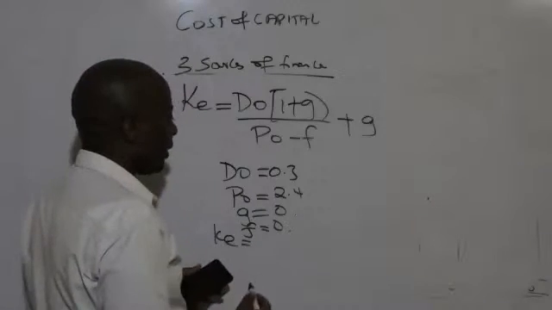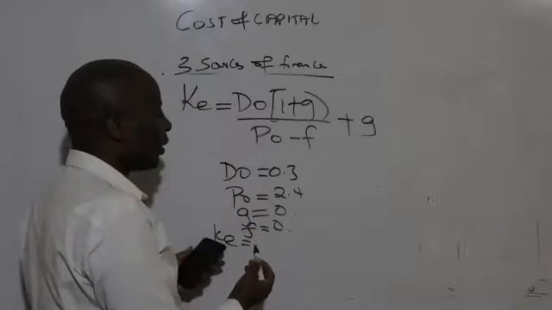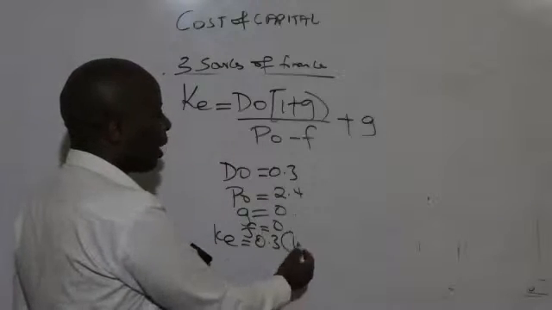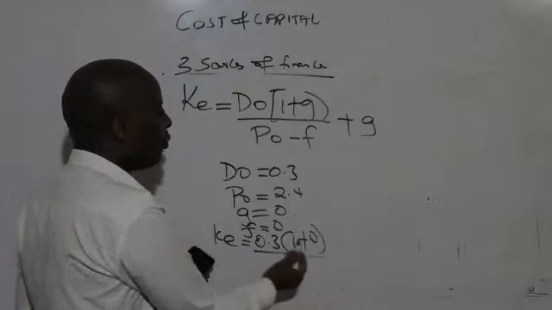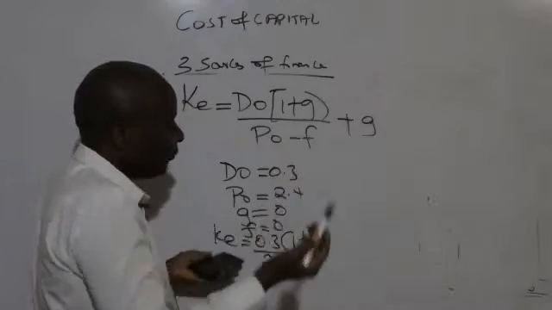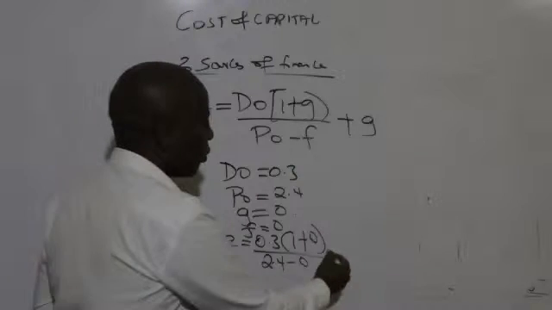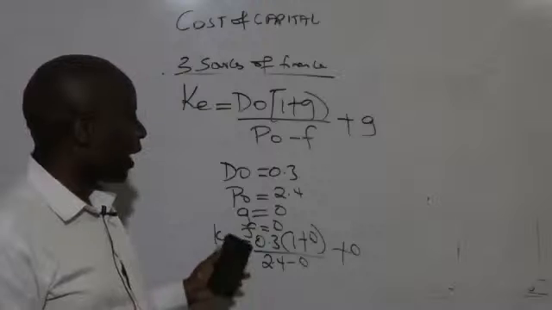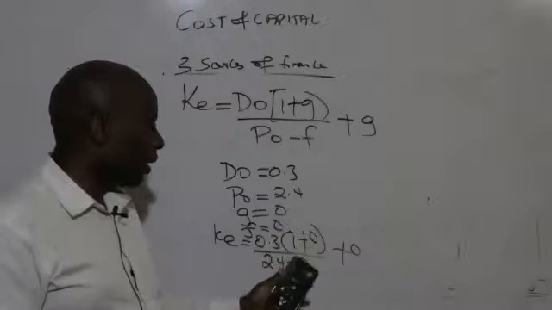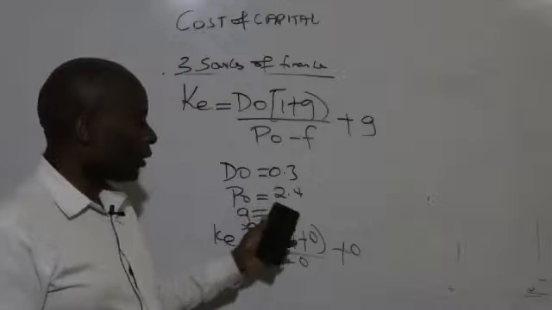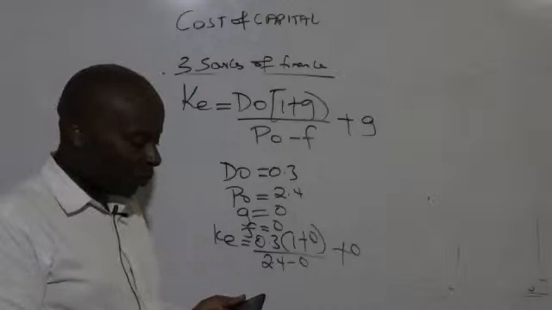The cost of equity will be equal to D0 which is 0.3 into 1 plus g, which is 0, all over P0, which happens to be 2.4, minus nothing for flotation, plus the growth rate, which at the end of the day is 0. So here you have to move slowly: get the numerator, the denominator, divide, plus 0, and whatever you get will be the cost of equity.